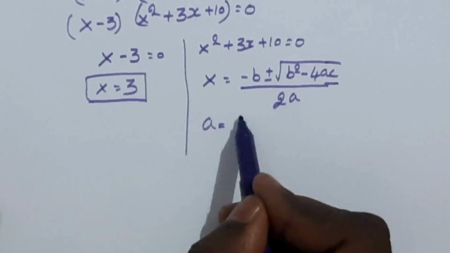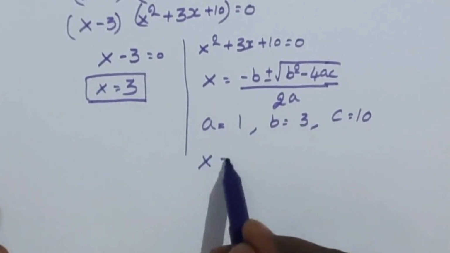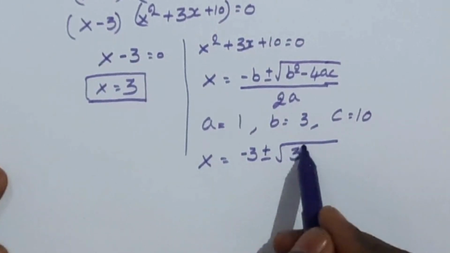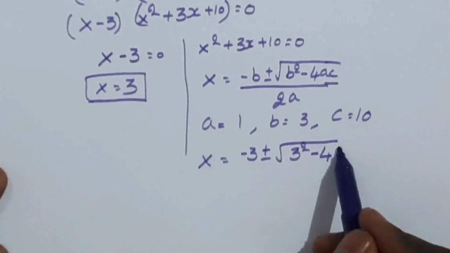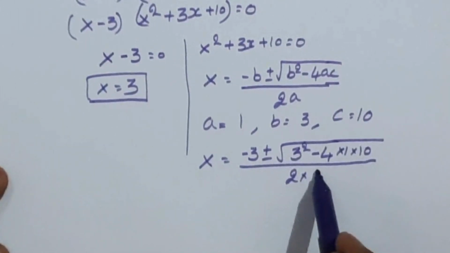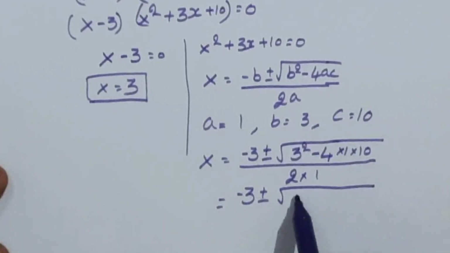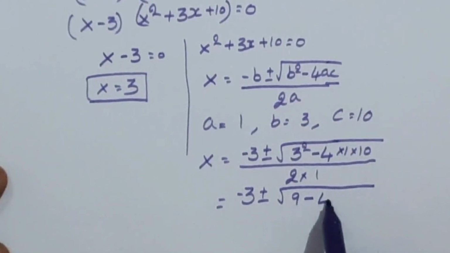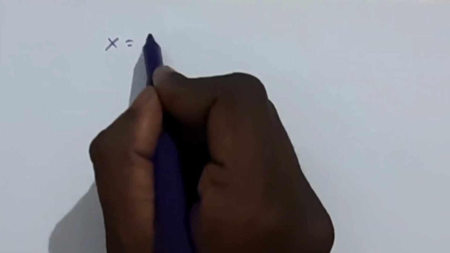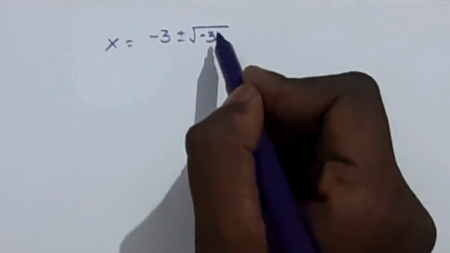Here a = 1, b = 3, c = 10. x = (-3 ± square root of 3 square - 4 into 1 into 10) / (2 into 1). Now (-3 ± square root of 9 - 40) / 2.